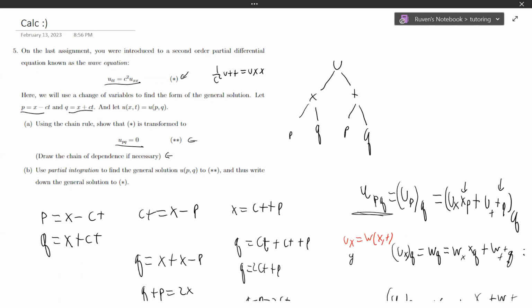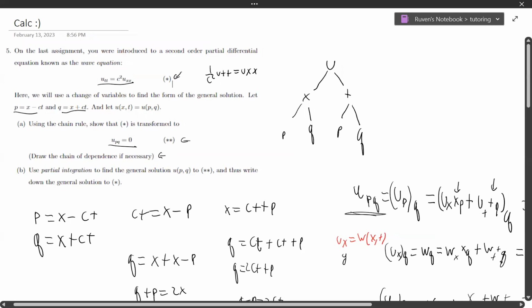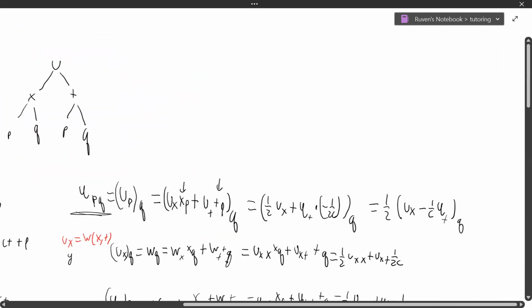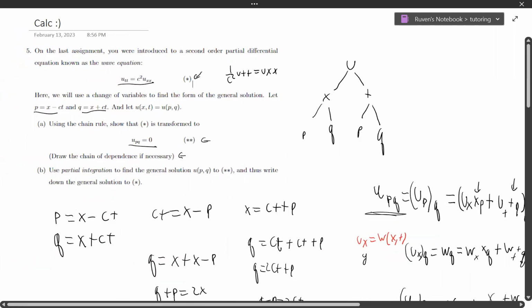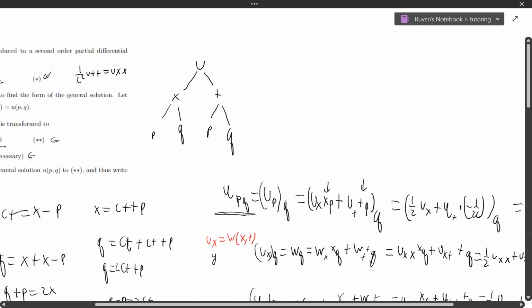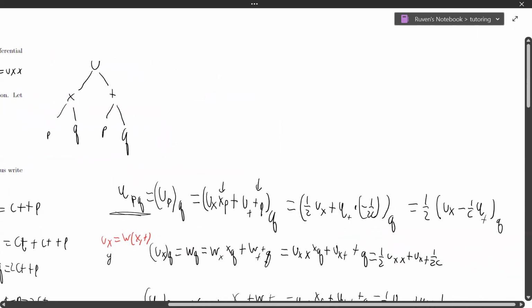When we're looking for the general solution, it's saying partial integration, so we're going to integrate that. We're going to take our function, which is UPQ right now, and then integrate the right side as well.